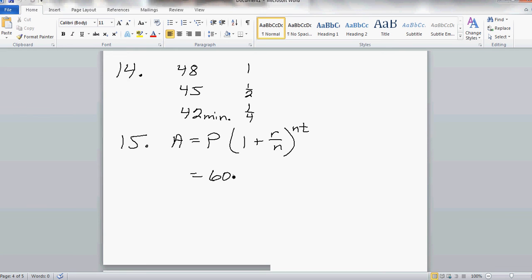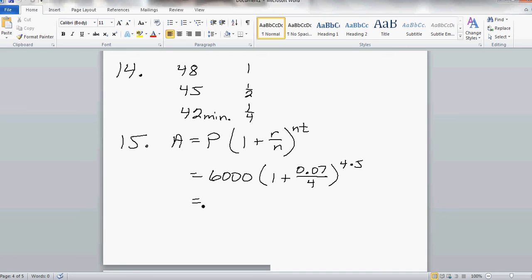So we're going to put in 6,000 for P, 1 plus, okay, R is 0.07. N represents the number of times it's compounded, and since it's compounded quarterly, it's 4. And then we need to take NT. Well, N is 4 and T is 5, the number of years. And so it becomes 6,000 times this quantity raised to the 20th power.